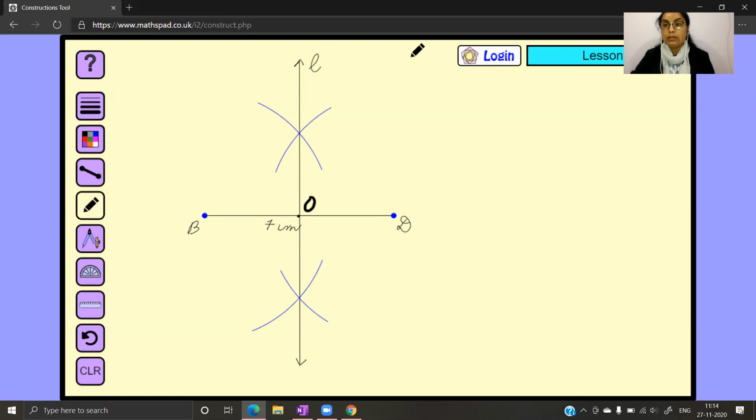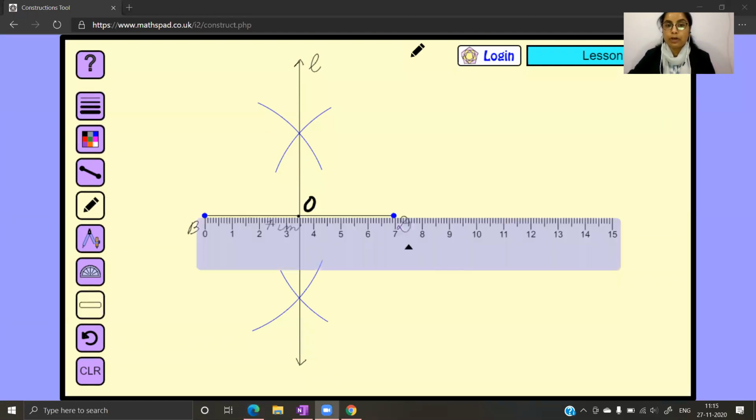Each of them should be 3.5 centimeters in length before we proceed. So now you can see that we have obtained the midpoint.